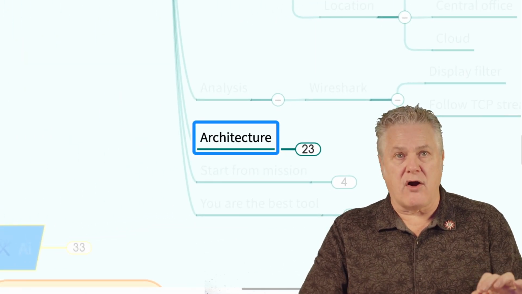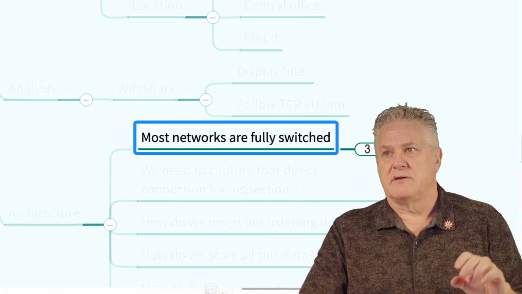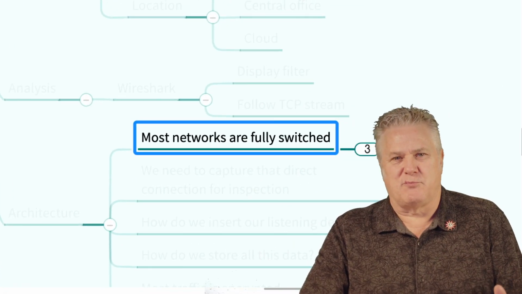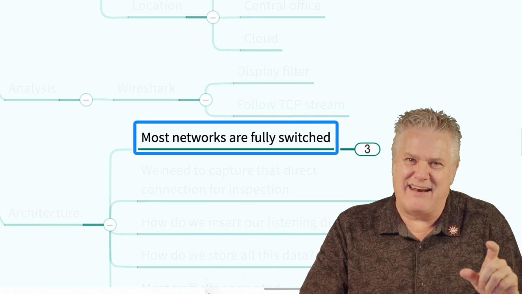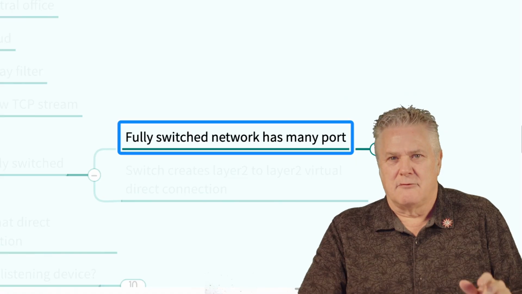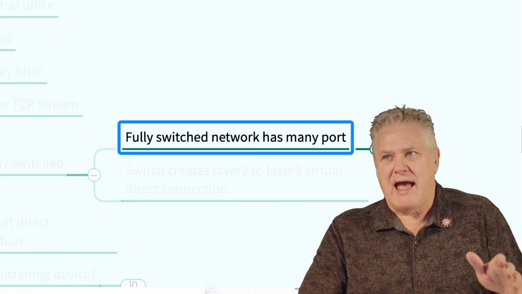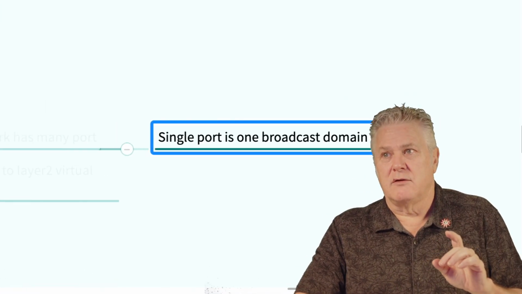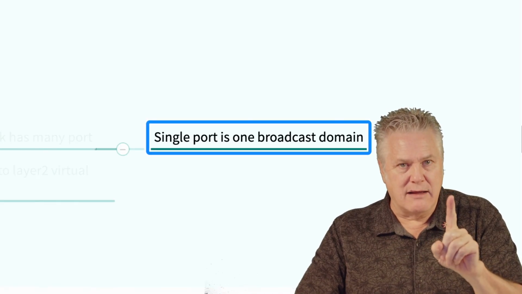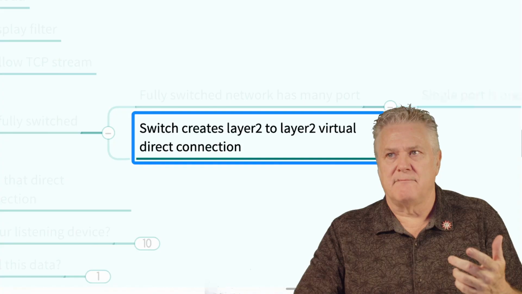Next, we look at our architecture for network collection. Remember that I would say all networks are fully switched, but there's that little caveat in there. Some people have hubs still connected out there. Remember, a fully switched network has many ports, but each port is one broadcast domain, and that's important for our tapping.